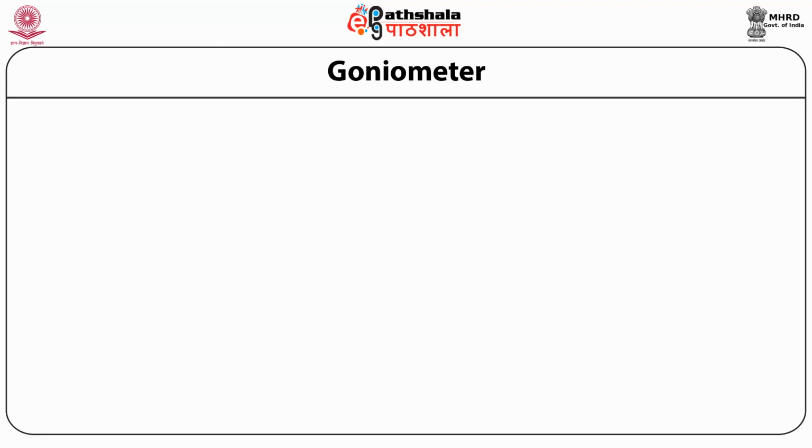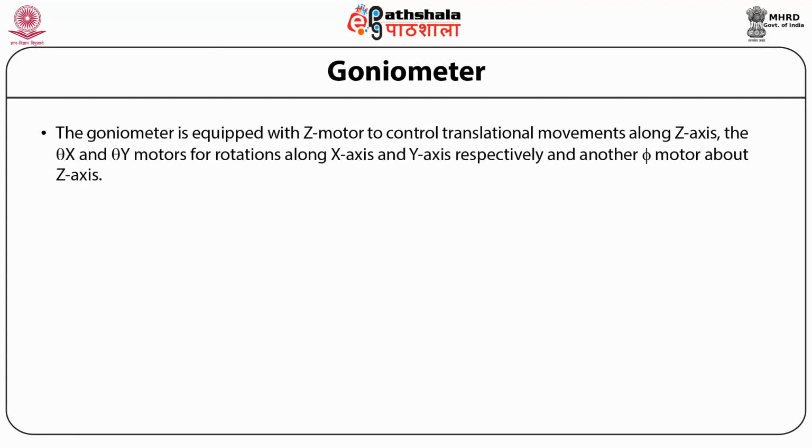As shown in the figure, the goniometer is equipped with a Z-motor to control translational movements along the Z-axis, the theta x and theta y motors for rotations along the x-axis and y-axis respectively. Apart from this, there is another phi motor about the z-axis.